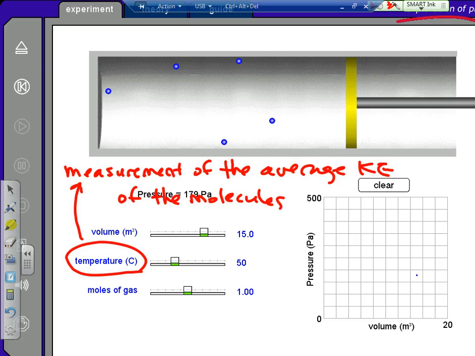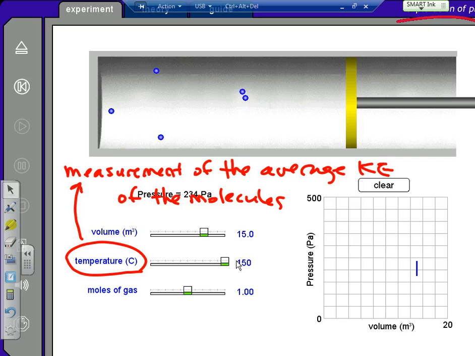In other words, it's how fast they're going. And if you increase the temperature of the system, we're simply going to be increasing their speed. So why exactly would this increase the pressure?